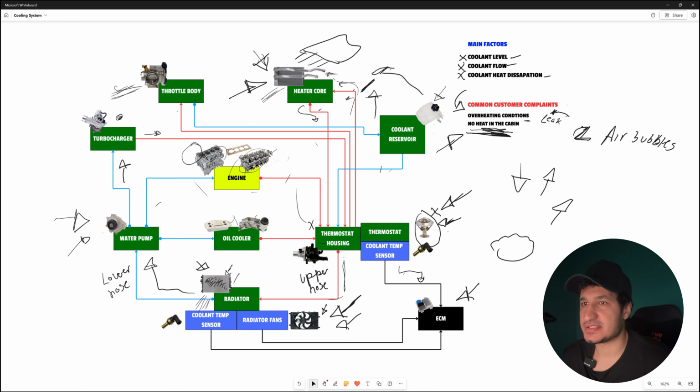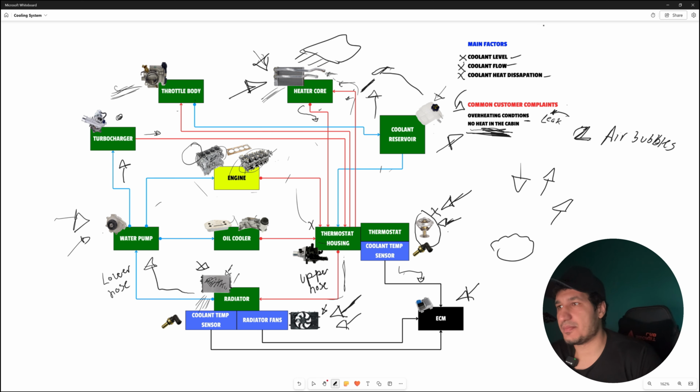We had a scenario once where it was a massive air bubble on a 2020 Kia Telluride, and we had to bleed it for at least an hour just to try to force that air bubble out, because the customer complained of no heat, but only in the rear. The heat could not get to the rear passengers.